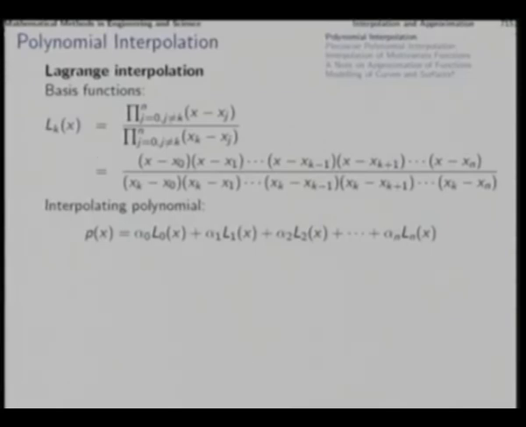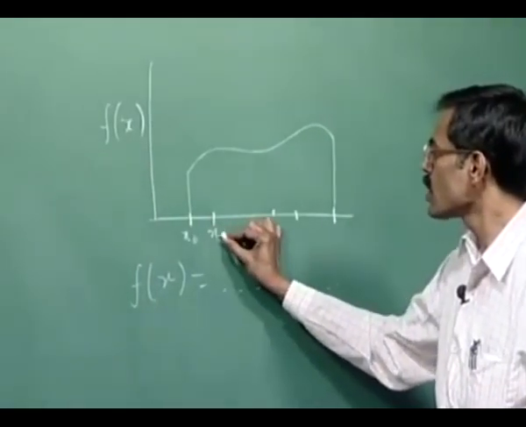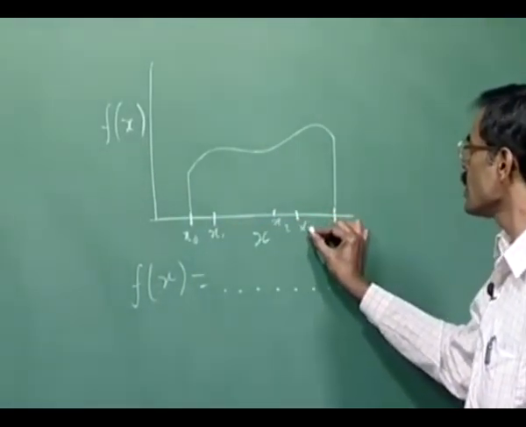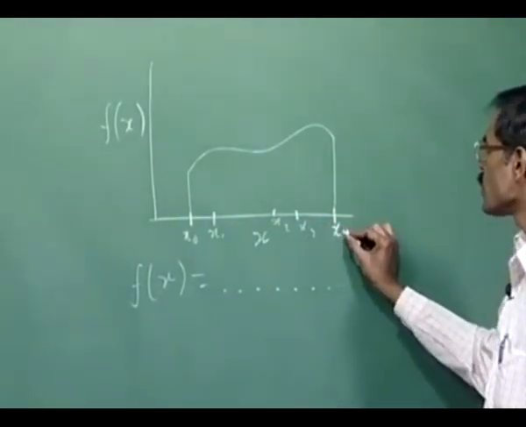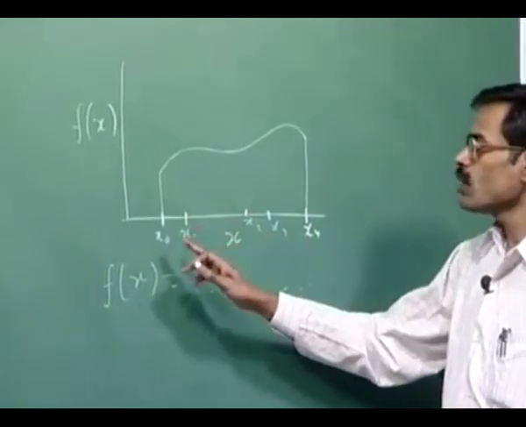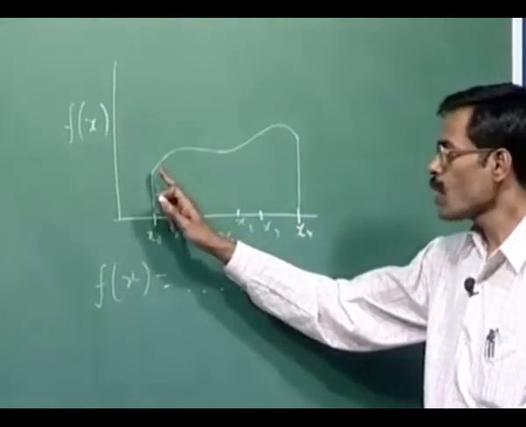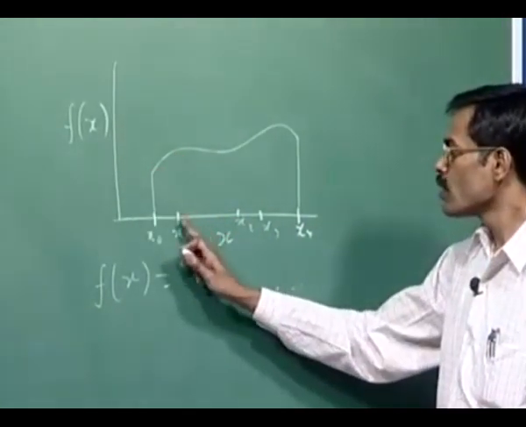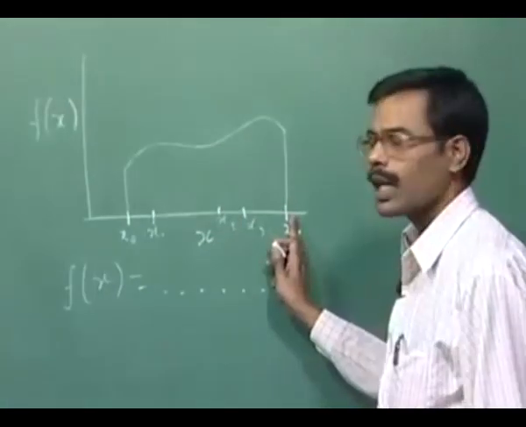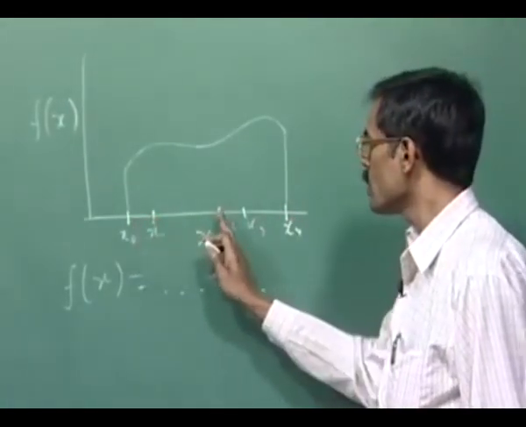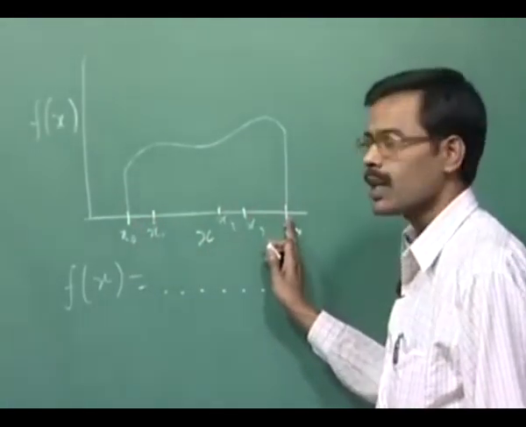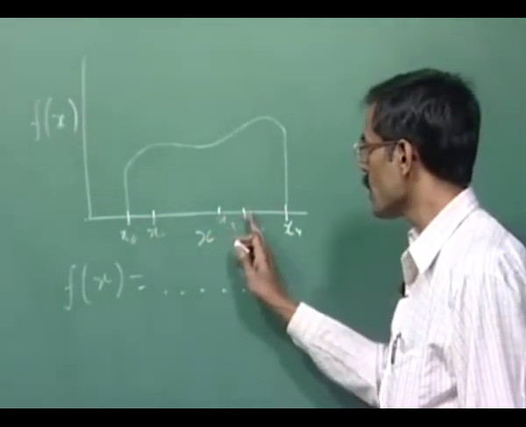Suppose this is x0, this is x1, this is x2, this is x3, and this is x4. Then L0 will be 1 here, 0 here, 0 here, 0 here, 0 here. L1 will be 0, 1, 0, 0, 0. L2 will be 0, 0, 1, 0, 0.